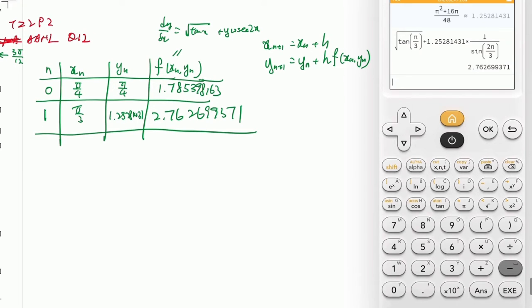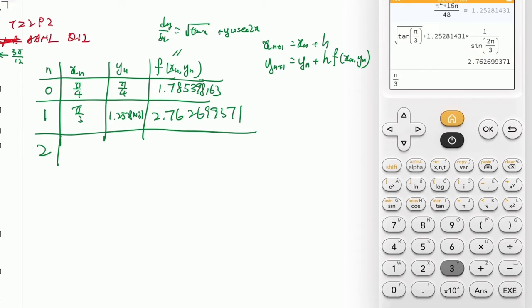So I didn't do it, but you really should learn that way. When you search, it has to be the way that uses the spreadsheet. You cannot use the built-in Euler method function of a calculator. That would be locked in exam mode, so it wouldn't help you.